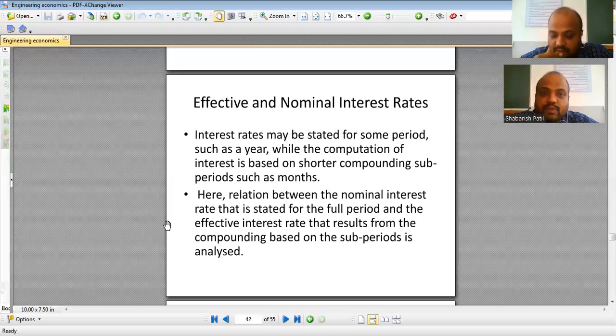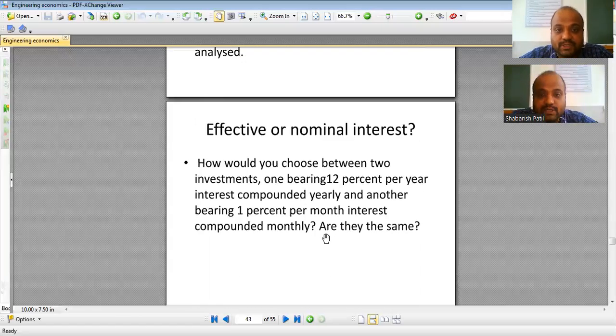For example, there is an interest rate of 10% per year. The next statement is it will be compounded every month. So it means the effective interest is something else than the 10%. That's what we will look into now in this discussion.